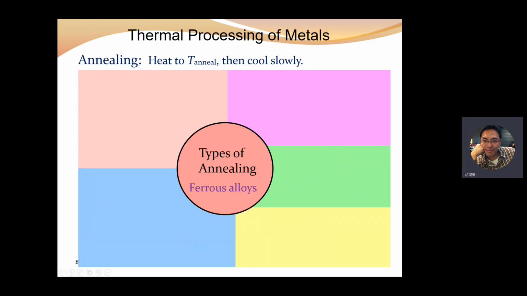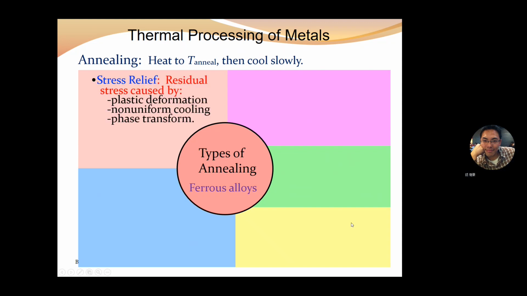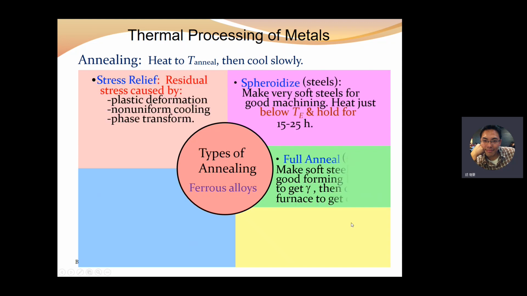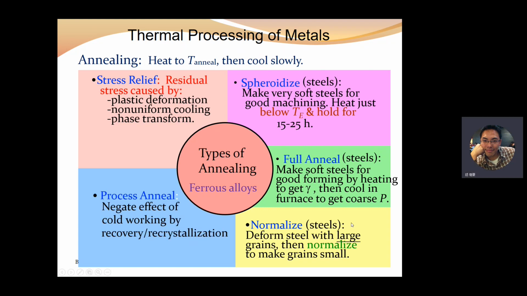And the third topic is annealing for the ferrous alloy. Annealing is heating these metals to the annealing temperature and cooling down slowly. What are its performance and applications? First is stress release. Why do we have to release the stress, or say pre-stress or residual stress?